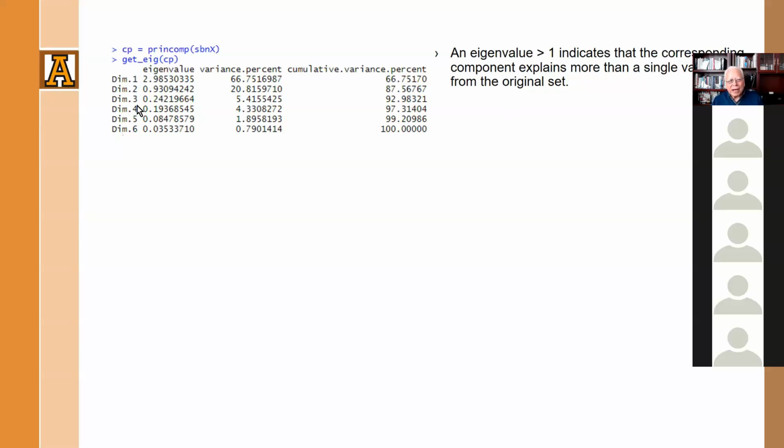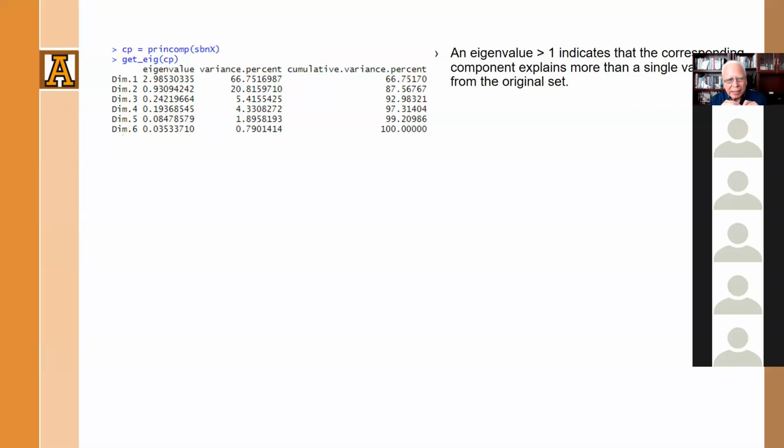So if an eigenvalue is greater than 1, it explains more than one of the original variables. If it's less than 1, like the second eigenvalue, 0.93, it explains less variance than a single one of the original variables.